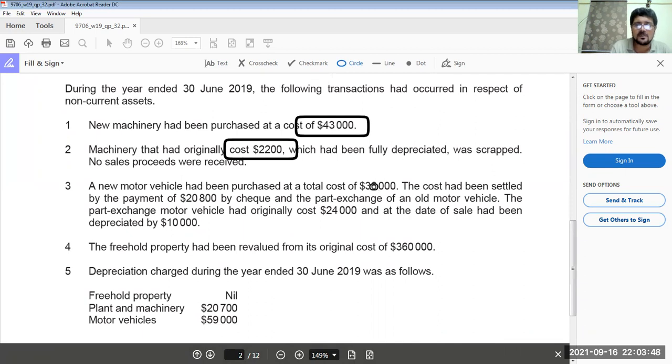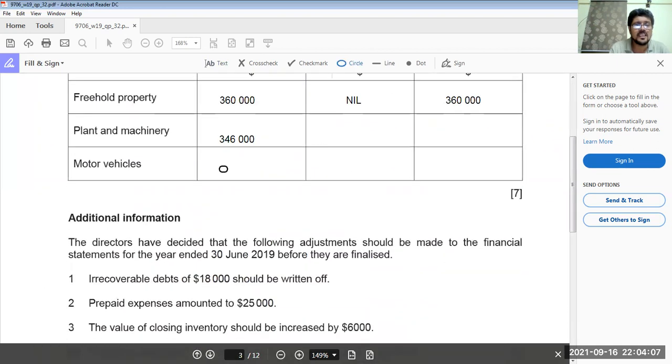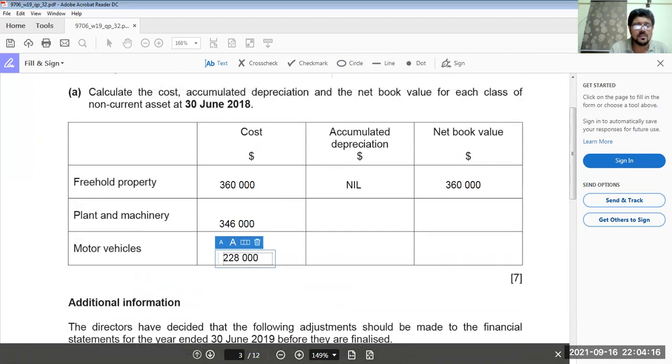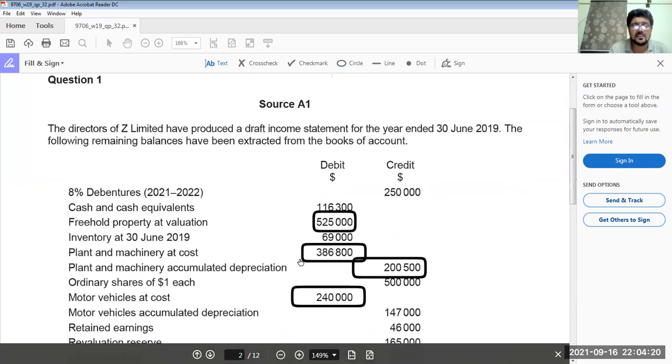Now 36,000 was purchased during the year, so it should be subtracted. 24,000 was sold during the year, so this is going to be added, plus 24,000. So the value is $228,000. Done.